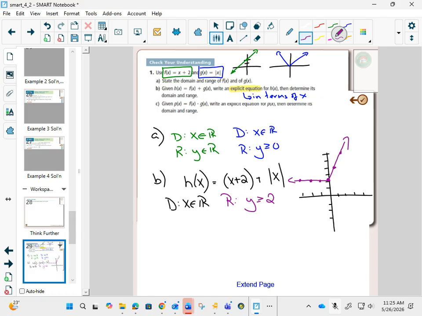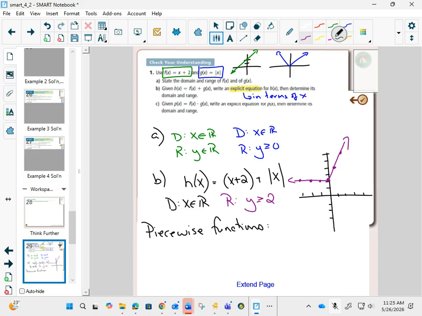Now I'm going to introduce something to you that you'll see in AP Calculus. Something called piecewise functions. This purple graph is a piecewise function. It has 2 pieces. Do you see that 2 straight lines have been connected together?